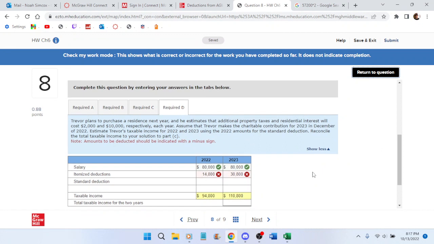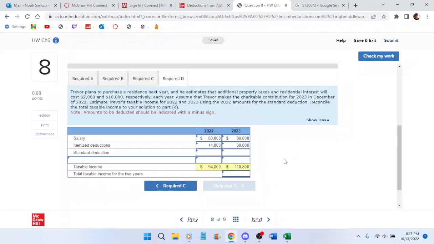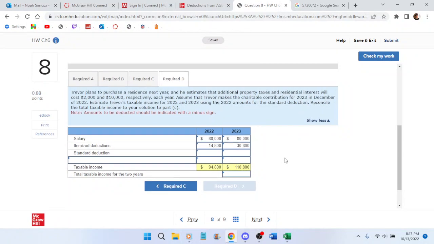God, come on. Come on. How is this wrong? Dang it.